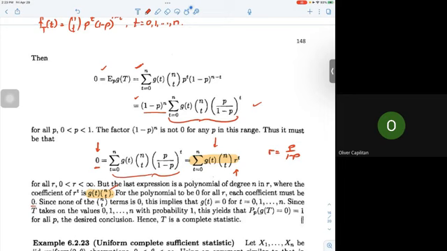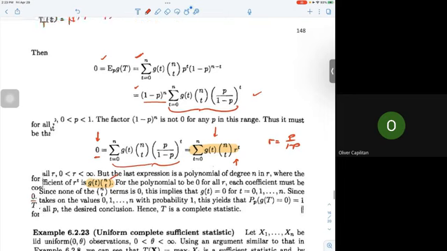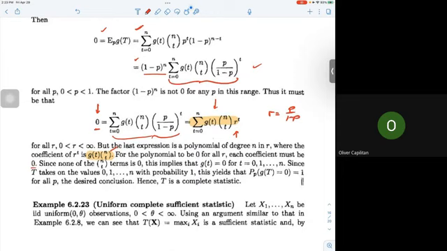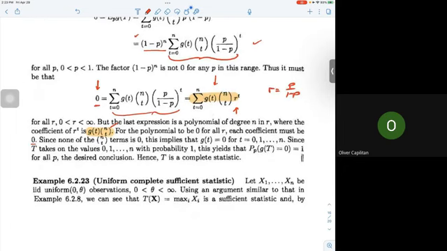Sorry for the interruption. So that would imply that g of t is equal to 0 for these possible values of t, 0, 1 up to n. Since t takes the values 0 up to n with probability 1, we have shown that the probability of g of t equal to 0, given the parameter p, is equal to 1 for all p.